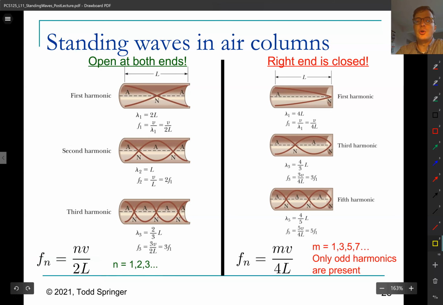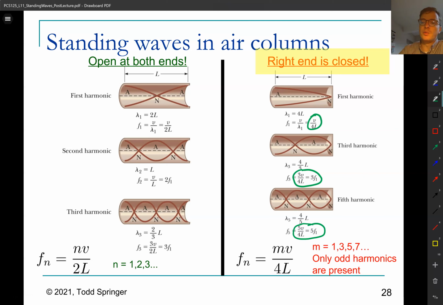But if one of the ends is open and one is closed, I have a different set of frequencies which are appearing. The first one that appears is v over 4L. The second one is 3v over 4L, which is 3 times the first one. And the third one is 5v over 4L, which is 5 times the first one. So if one end is open and one end is closed, you have a different set of frequencies which lead to standing waves.